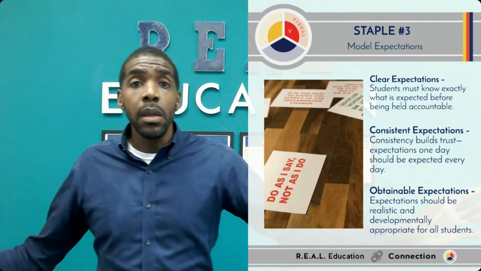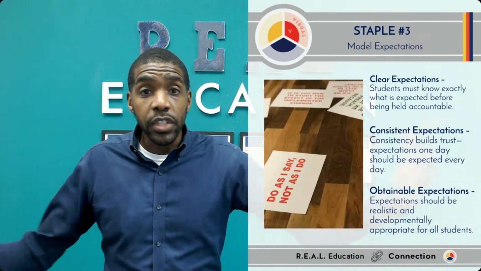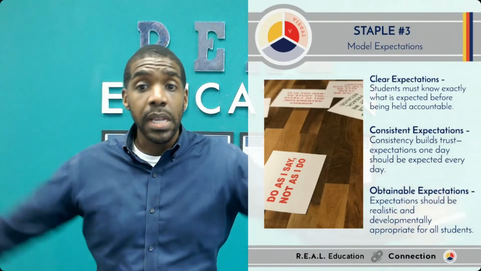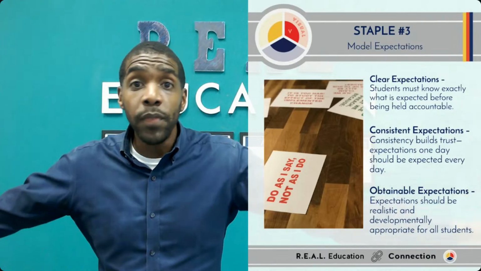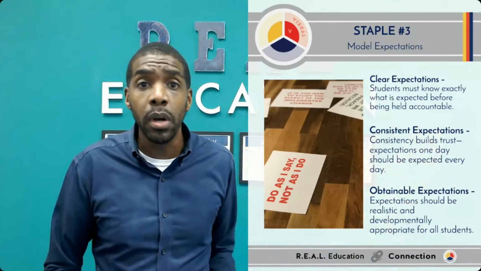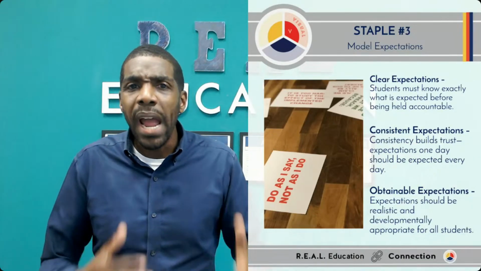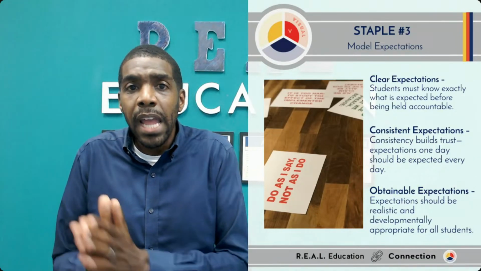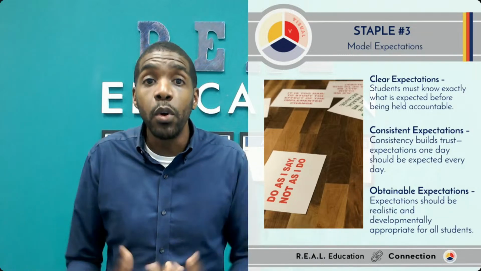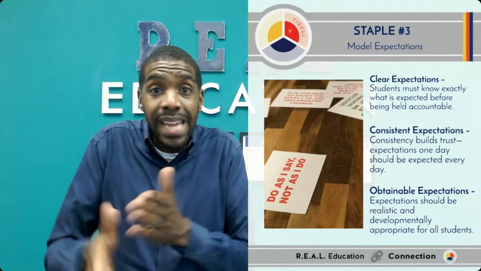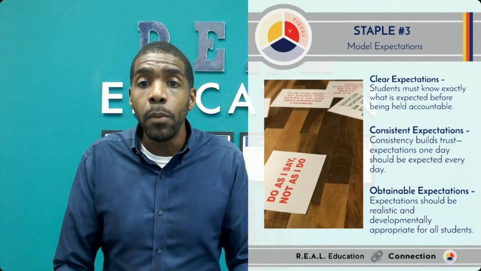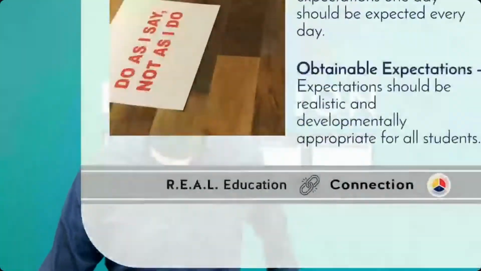If they're coming in at first to your classroom and they've spent the last 3 months in their house, able to do what they want to do, able to go to the bathroom and not ask, to line up and go to lunch and stuff like that, we have to make sure the expectations we have for those students are done so they can actually get a hold of those expectations. And so we have to teach it to them. So make sure they're clear, make sure they're consistent, and make sure they're obtainable, and making sure that they can do that each and every time.